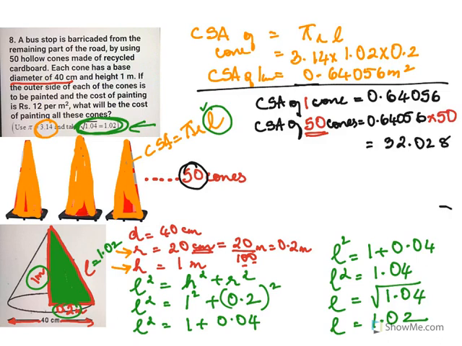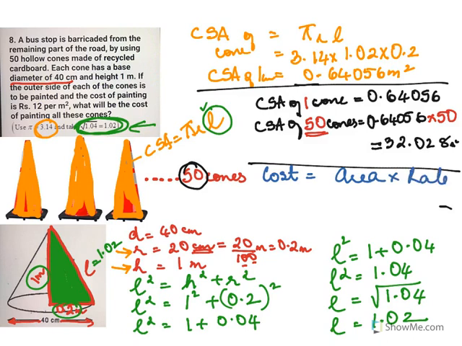So the answer when you multiply by 50 comes here. This is not the rupees, this is CSA, so many meters square. Now the next step is to find the cost, and we know the cost is equal to area into rate.